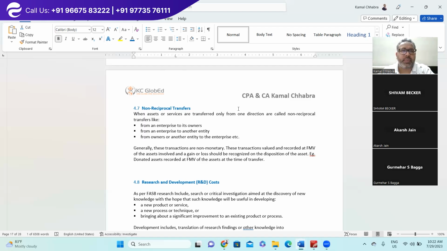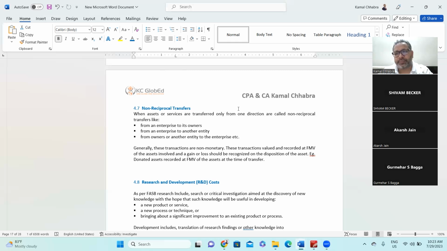Let's say he purchased that land and building at $100,000, and now the fair value of that land and building is $500,000. At the date of transaction, at what amount will the company record this asset? At the fair market value on the date of asset transfer. That means $500,000 they will record in their books of account.